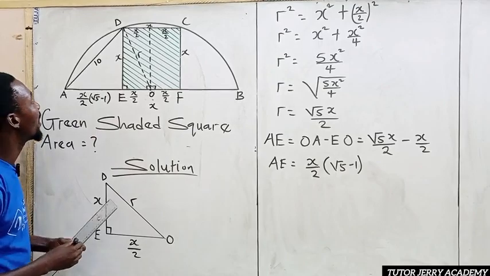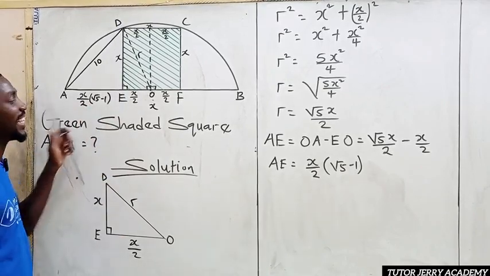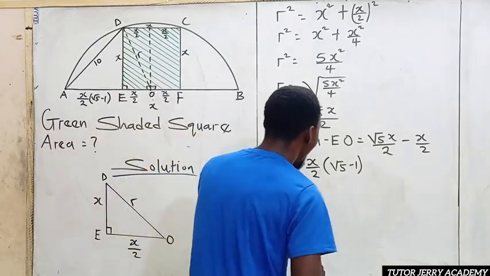Alright, now we can bring in that triangle D, E and A as well. So if we do that, we are going to have something like this.